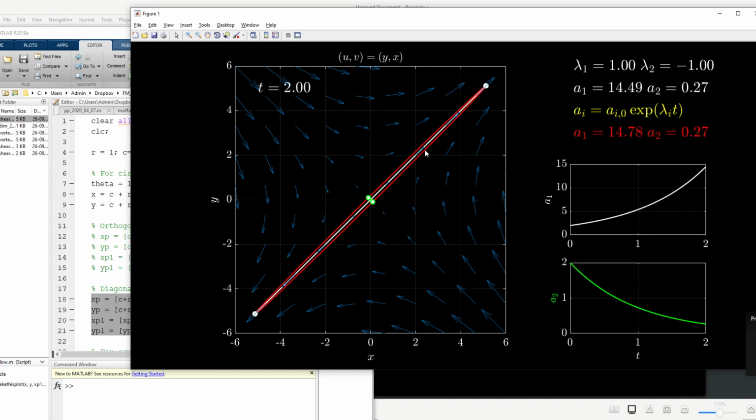Small x is equal to capital X cos theta minus capital Y sin theta. And then I substituted them, and now S11 will be del u by del capital X.